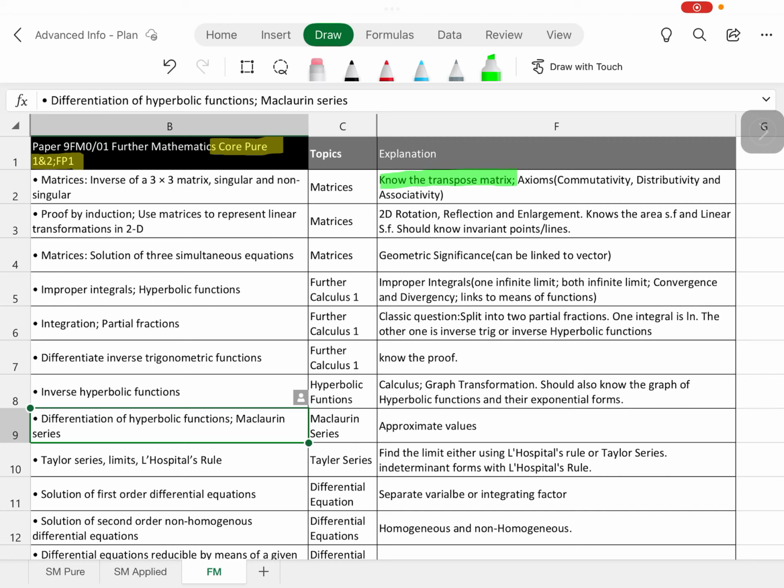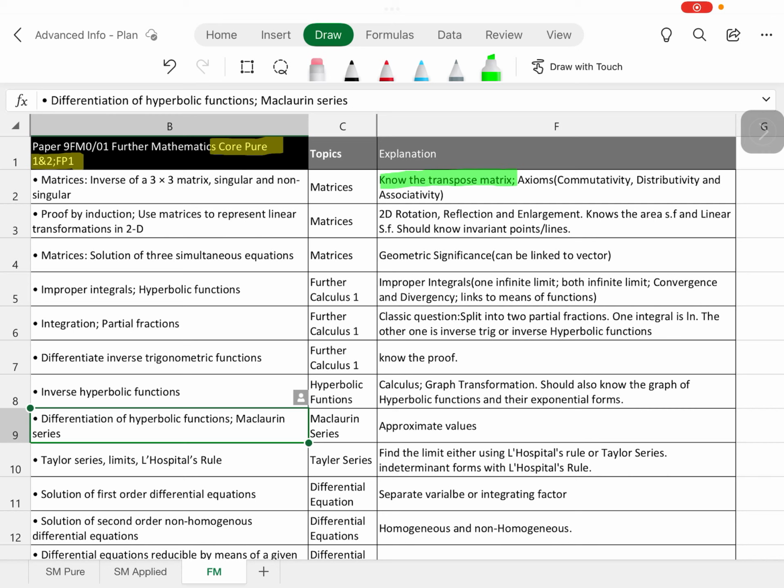If you have matrix A multiply a matrix B, that's not equal to matrix B multiply matrix A. However, if you have matrix A plus a matrix B, that's the same as matrix B plus a matrix A. Distributive, so matrix A bracket B plus C is equal to A multiply B plus A multiplied by C. And associative, that would be matrix A plus bracket B plus C bracket is the same as bracket A plus B bracket plus C. Okay, so the axioms of matrices, you should know that.